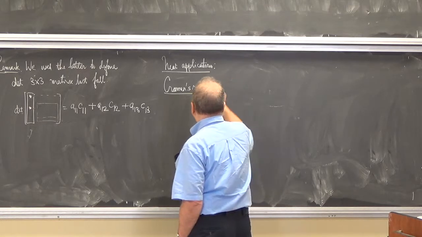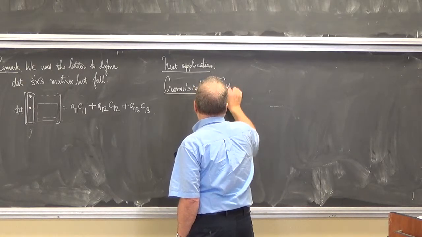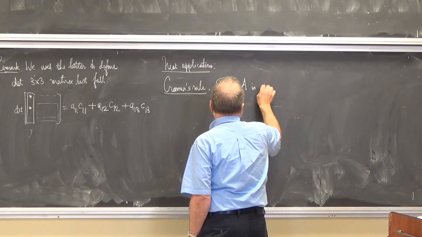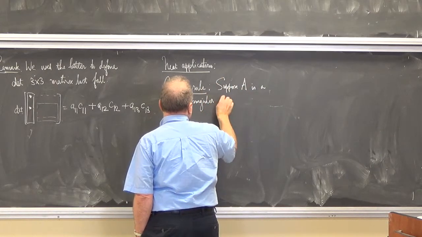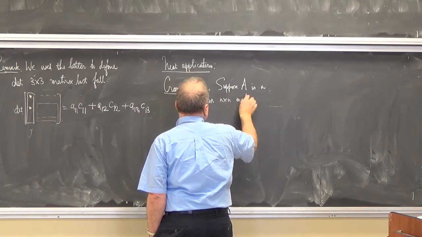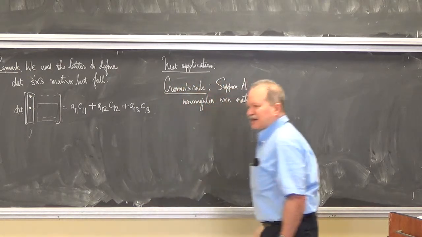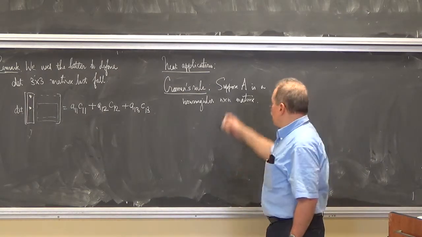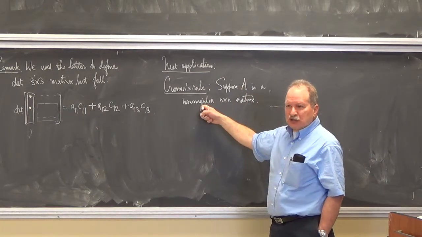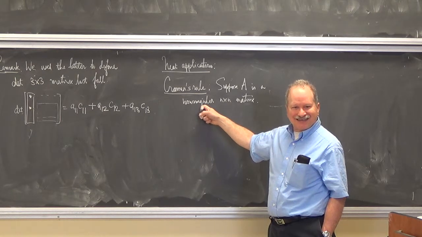So Cramer's rule says, suppose A is a non-singular n by n matrix. And it gives you a formula for solving an equation Ax equals b. Because A is non-singular, you know there's a unique solution for any b. Remember that?